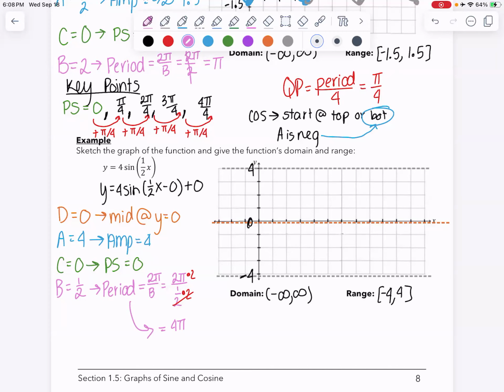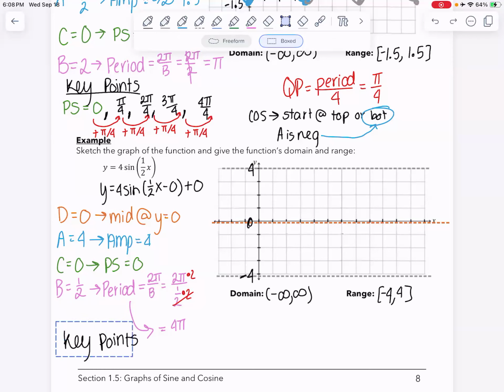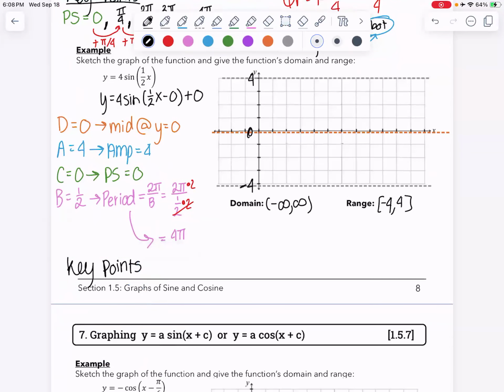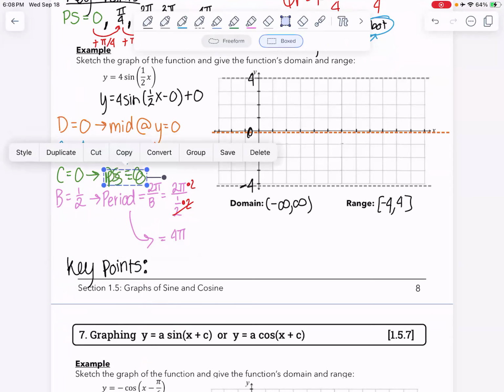That means because I have a period change, I need to find new key points. Key points. The first key point is always the phase shift.